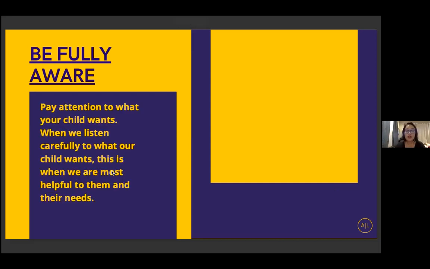Pay attention to what your child wants. When we listen carefully to what our child wants, this is when we are most helpful to them and their needs, which is actually true even for us. If you know someone who's always willing to listen to you, you know that it's very helpful that you get to vent out your emotions to someone. And this is the deal with our kids too.